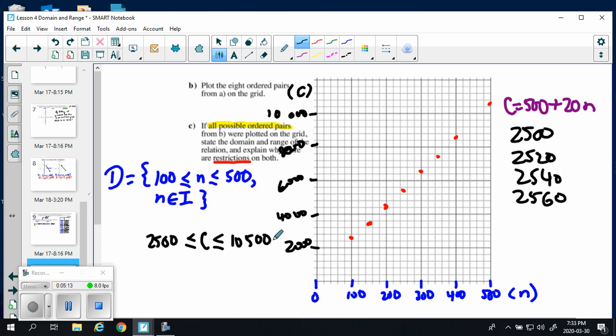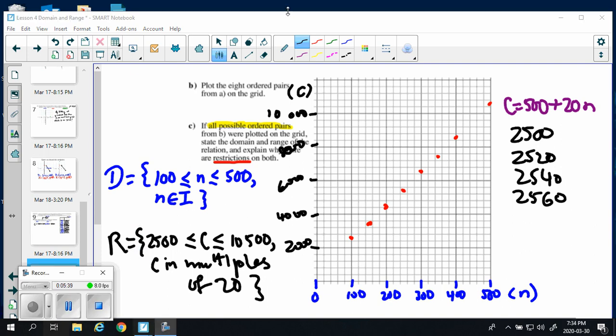Now, for the purposes of grade 10 math, we don't have a fancy way to write that. There are fancier ways you'll see in higher maths, but for now, I would say that it's okay just to say that C is in multiples of 20. And that would be sufficient for you to write it that way. And there is our range.